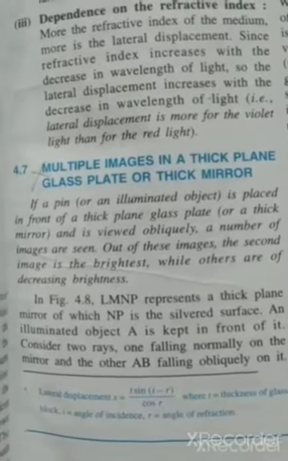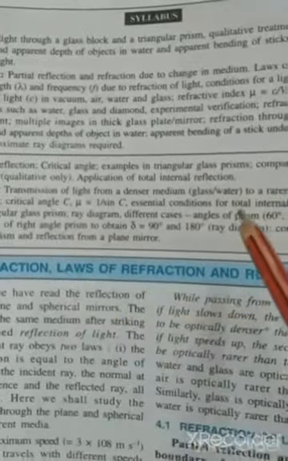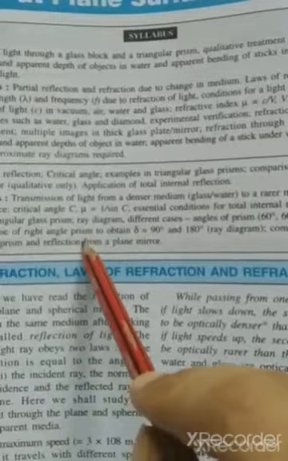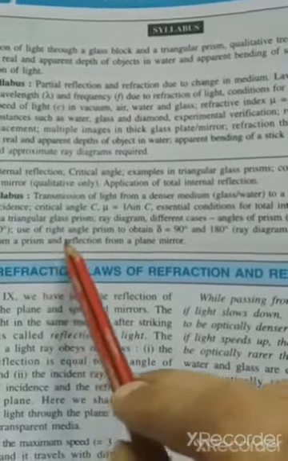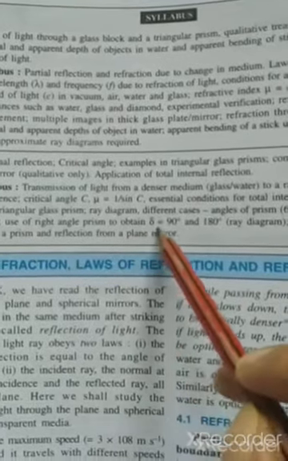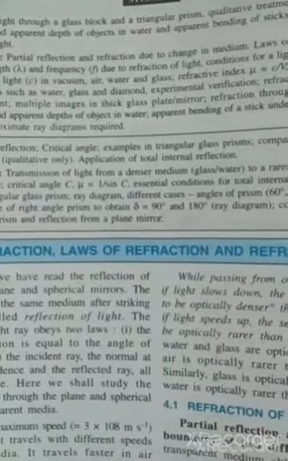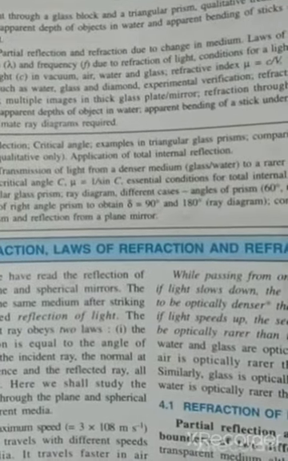Most important, practice the ray diagrams. And one more thing, here it is given, you have to know about total internal reflection through the triangular glass prism ray diagram, all. But for the use of a right angle prism, only the 90 degree and 180 degree ray diagrams are required. That means the third, the ray diagram of erecting the inverted image, is not that important.